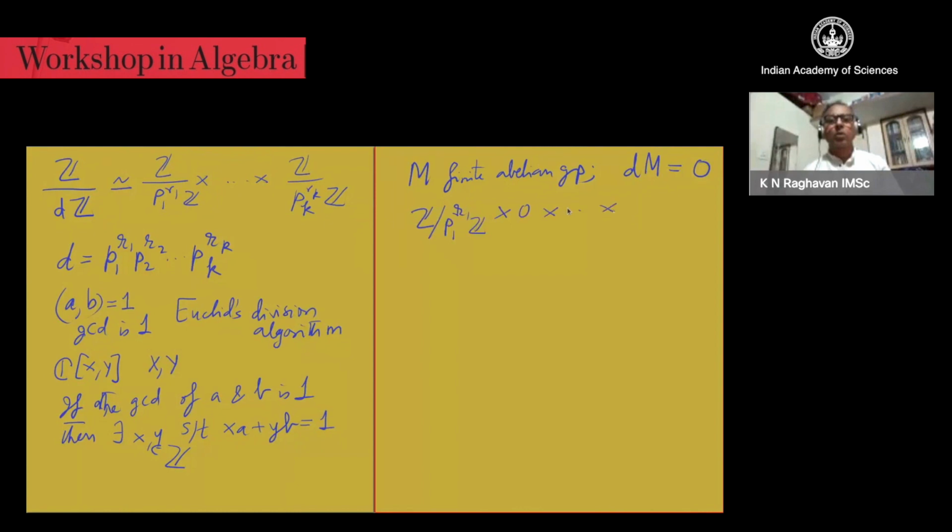So if I take other components to be 0, this is an ideal. So let me call this A1, right? That's an ideal in Z mod DZ. This similarly is the kth ideal. So that is 0 cross 0 cross 0 cross Z mod PK to the RK Z. Let's call that the Ak-th ideal, and so on. There is a second A2, A3, A4, and so on.